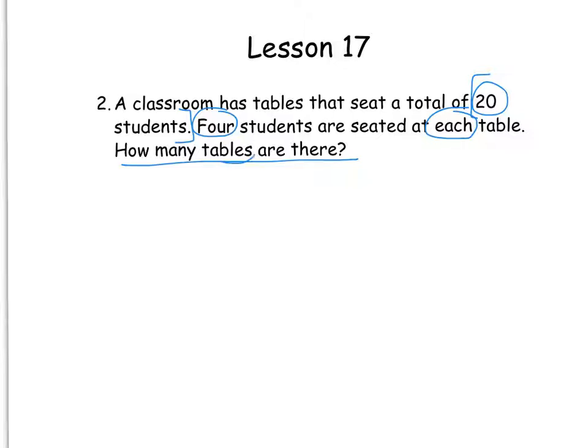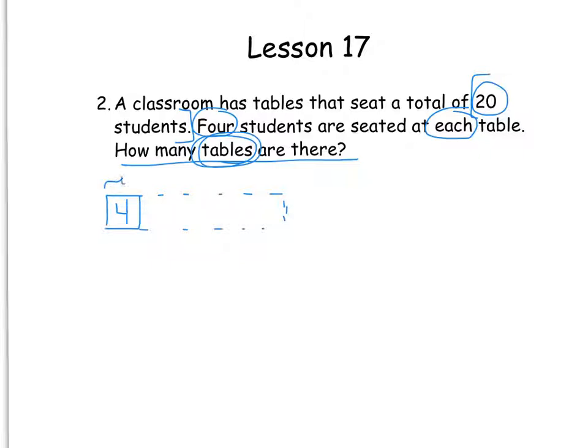So in this case, I'm finding the number of tables, which is the number of groups I have. So when I draw my tape diagram, I don't know how many groups I'm going to have. I do know that there's 4 students seated at each table. So I draw it with a dotted line to represent the fact that I don't know how many groups to break my tape diagram up into.